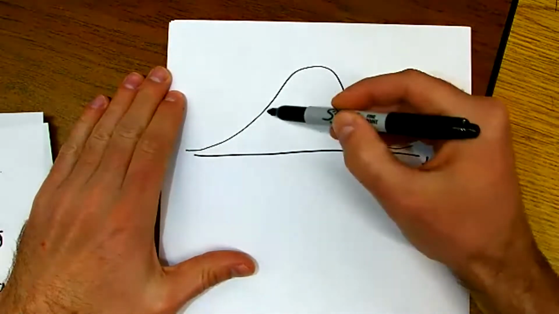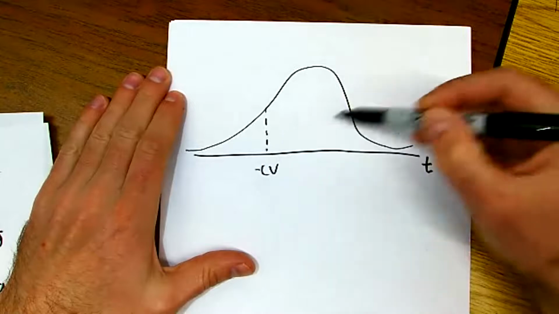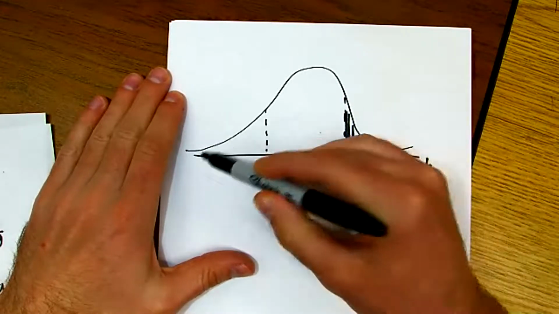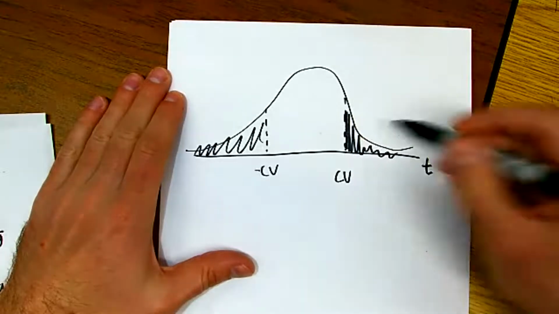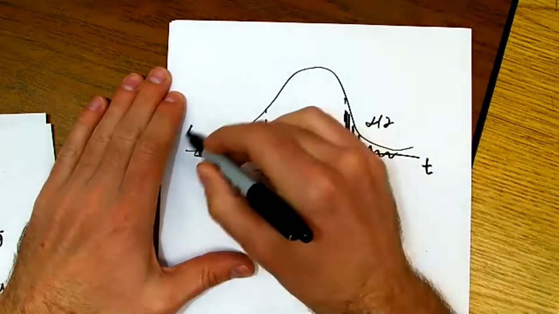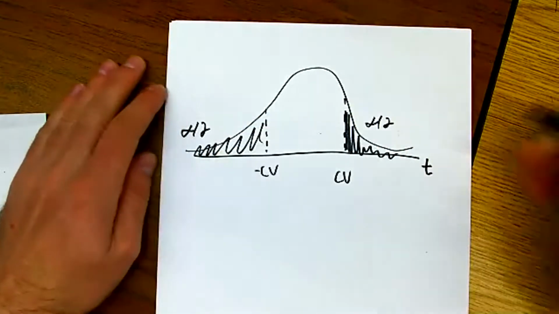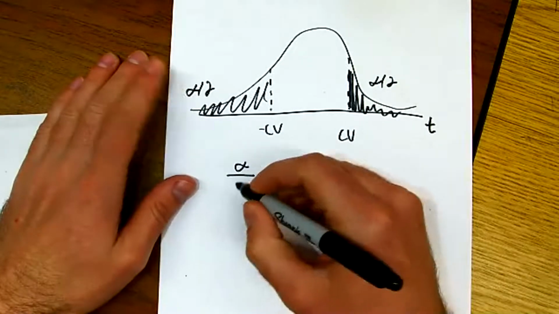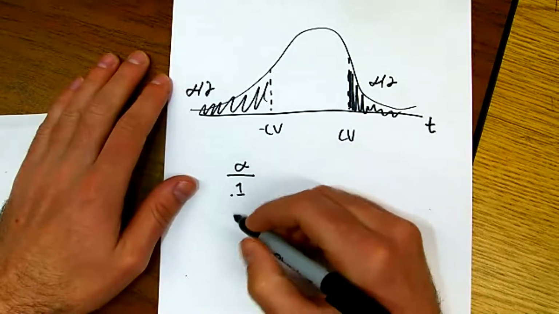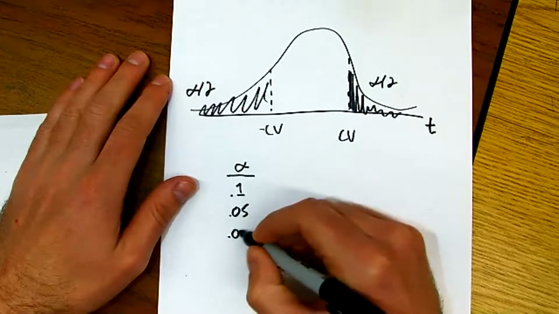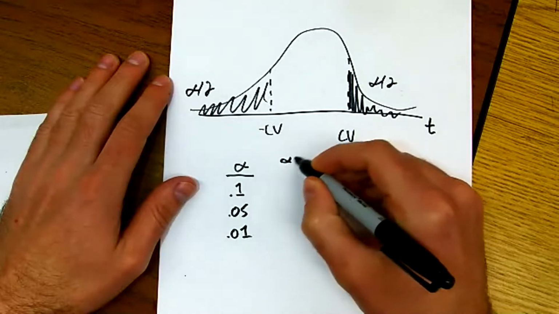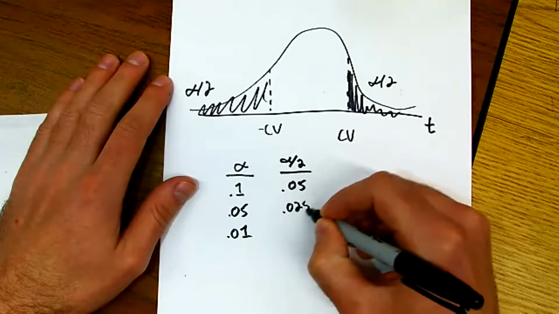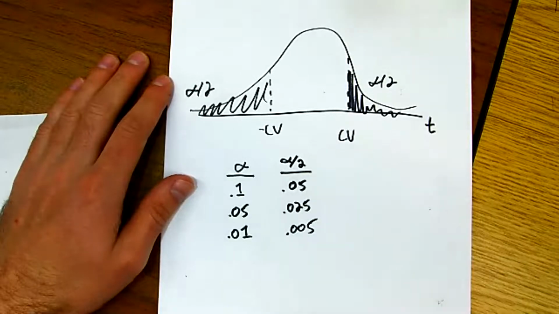And we're trying to find critical values such that there is a total of alpha in these tails, which means there would be alpha over 2 in each tail. Okay? So if I wanted to find critical values for every alpha, so 0.1, 0.05, 0.01, then the areas I want in each tail, alpha over 2, would be 0.05, 0.025, and 0.005.